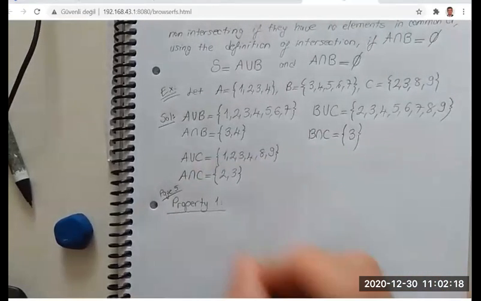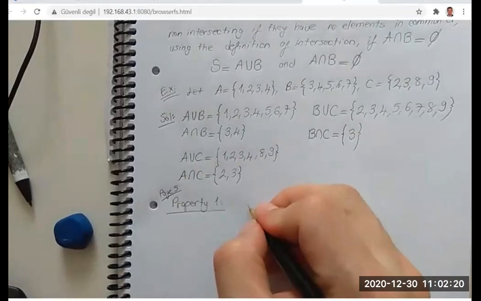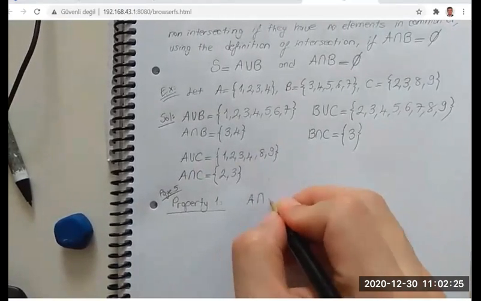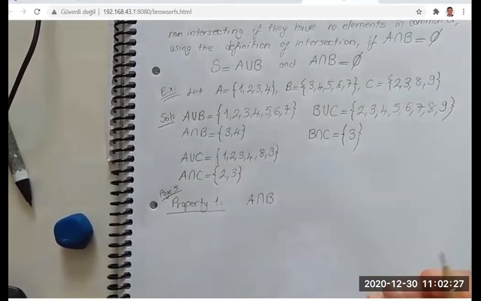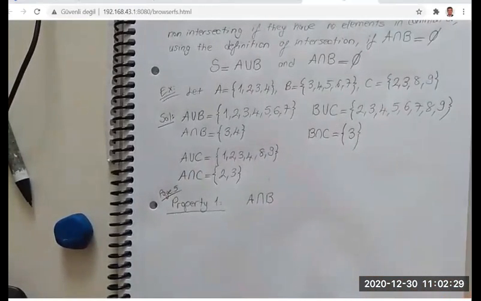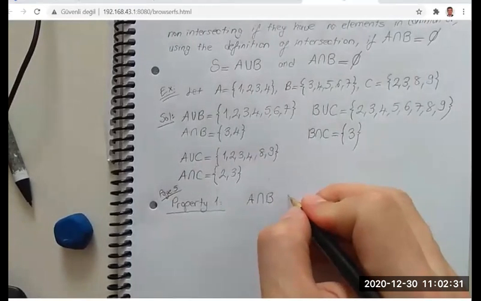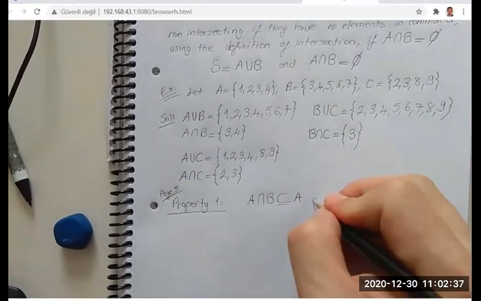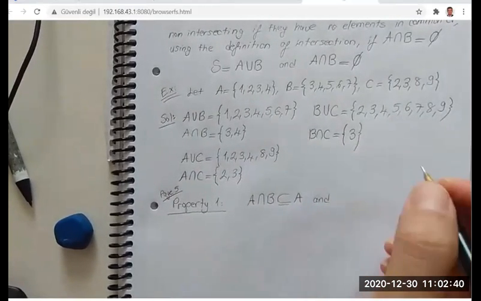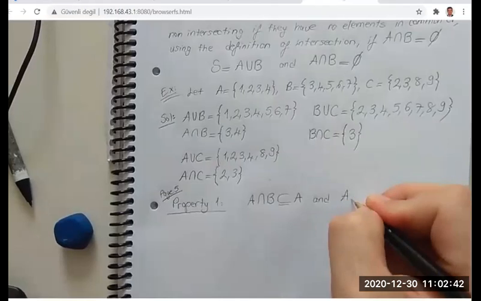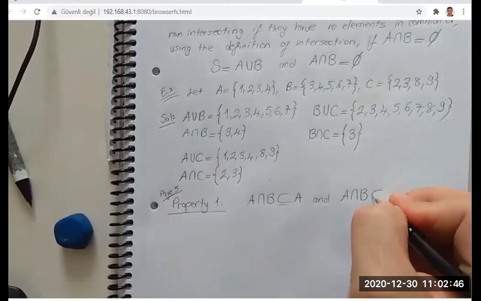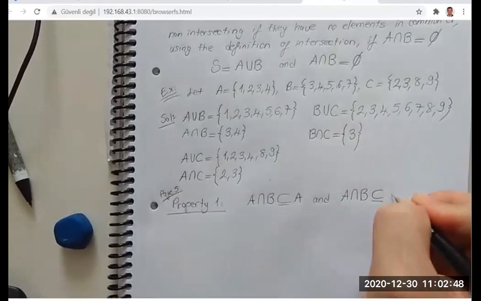We can write this as the directive, we don't need any explanation. A intersect B, if there is the intersection, we can say this is a subset of A, of course, right? And we can write also A intersect B is also a subset of B.